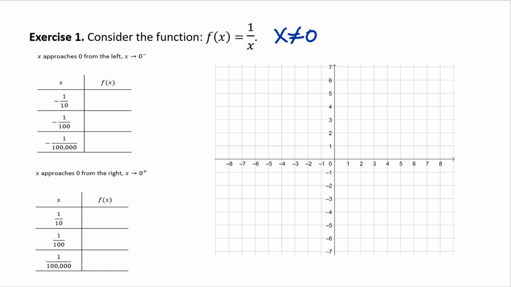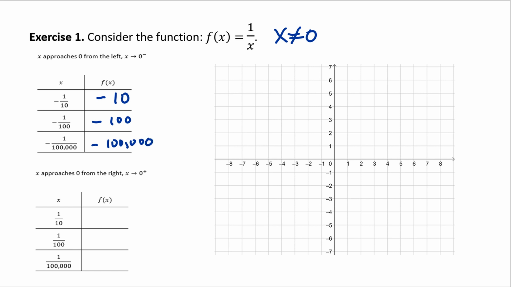So let's see what happens if we evaluate negative 1/10 in the function f of x equals 1 over x. Since it's a reciprocal function, this will give us negative 10. Let's look at negative 1 over 100. Again, reciprocal function. That's negative 100. And the last number to try, negative 1 over 100,000, is negative 100,000.